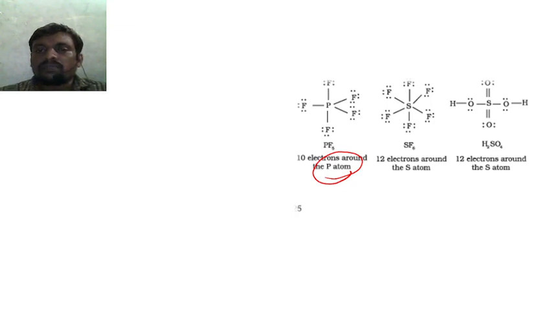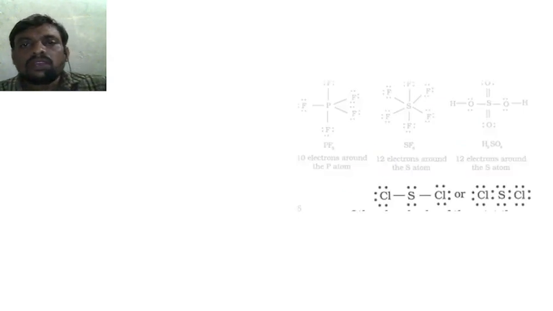Here sulfur is the central atom, and how many electrons are there around it? 12 electrons are there around the sulfur atom in H2SO4, sulfuric acid. And if you take sulfur dichloride, you can see the valence electrons and remaining electrons clearly in the diagram.